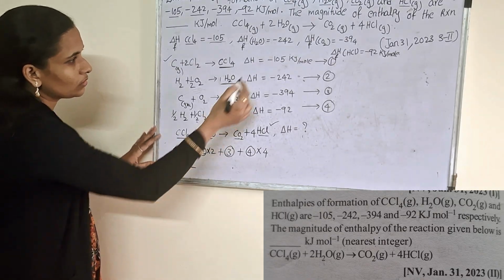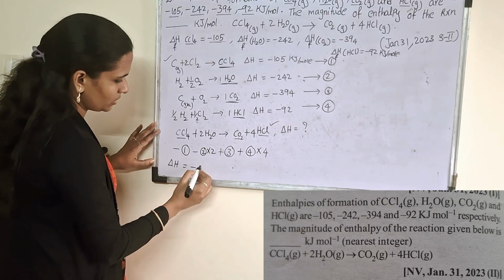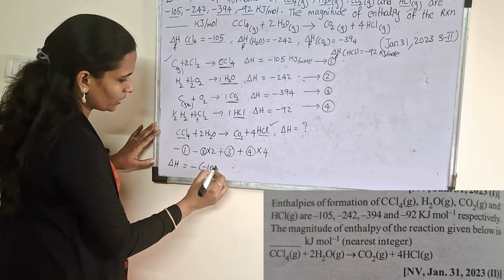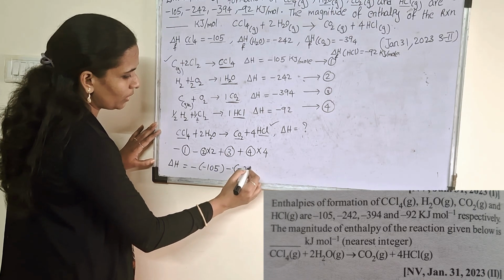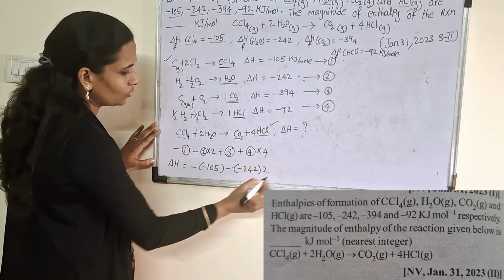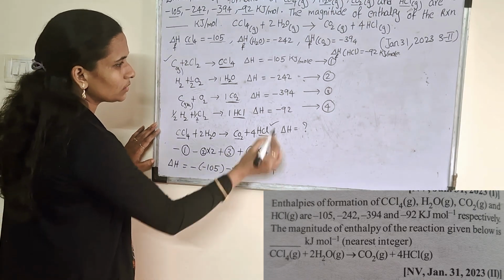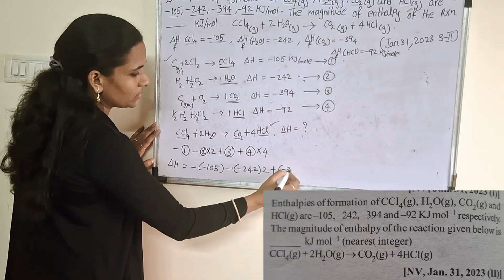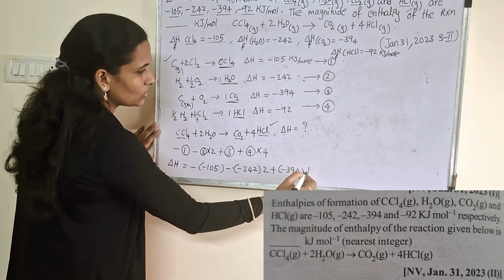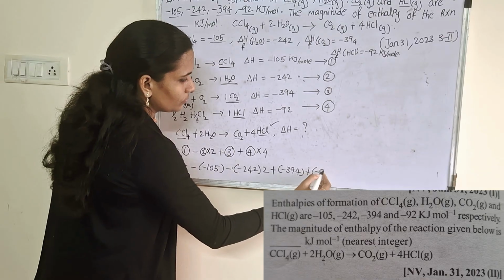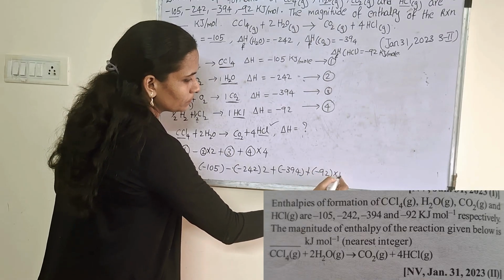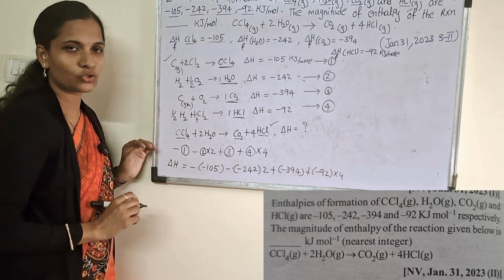Negative of the first reaction's delta H, that is minus 105, minus the second equation value, that is minus 242 into 2, plus the third equation value, minus 394, plus the fourth equation, minus 92 into 4. So this is the delta H value.